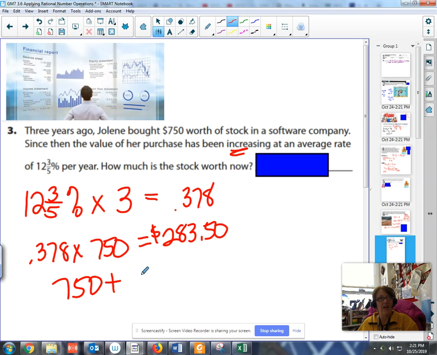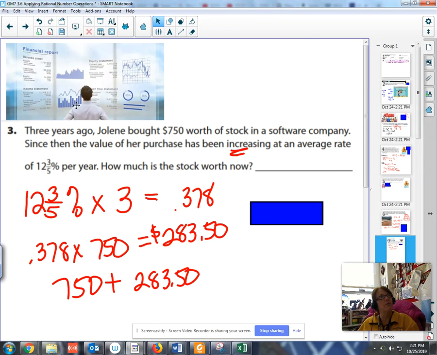Go back and add $283.50 to your original investment of $750, and shazam, here we go. This is what, $1,033.50. Good luck. Check Schoology for your assignment, and as always, may the force be with you.